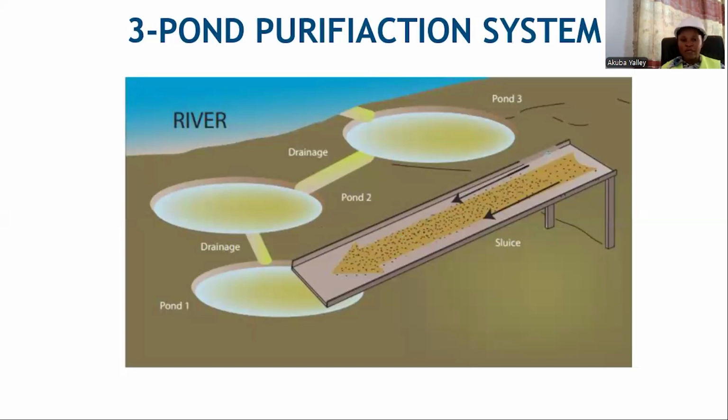And also during scarce water seasons, they still have enough water to continue with their operations. So one thing that this system does is that it is only able to allow filtration of water.